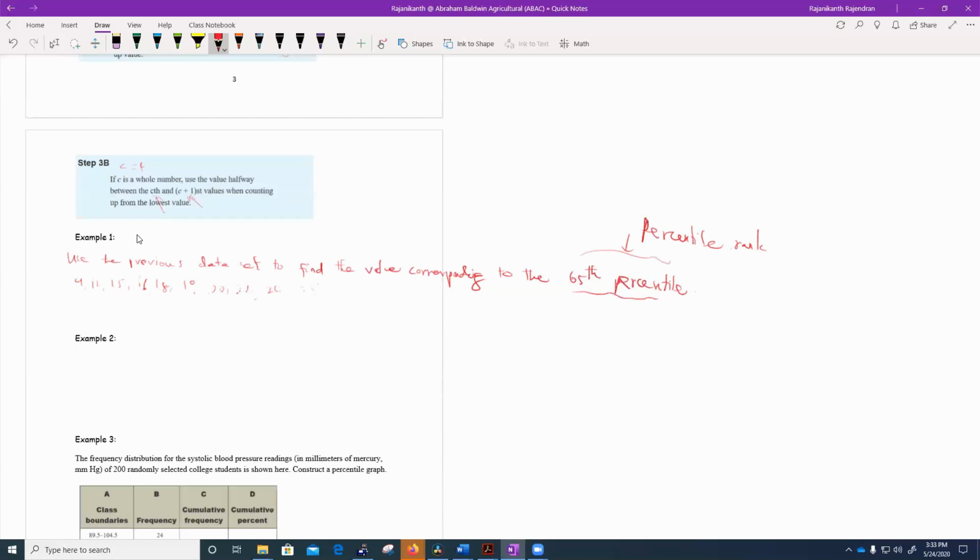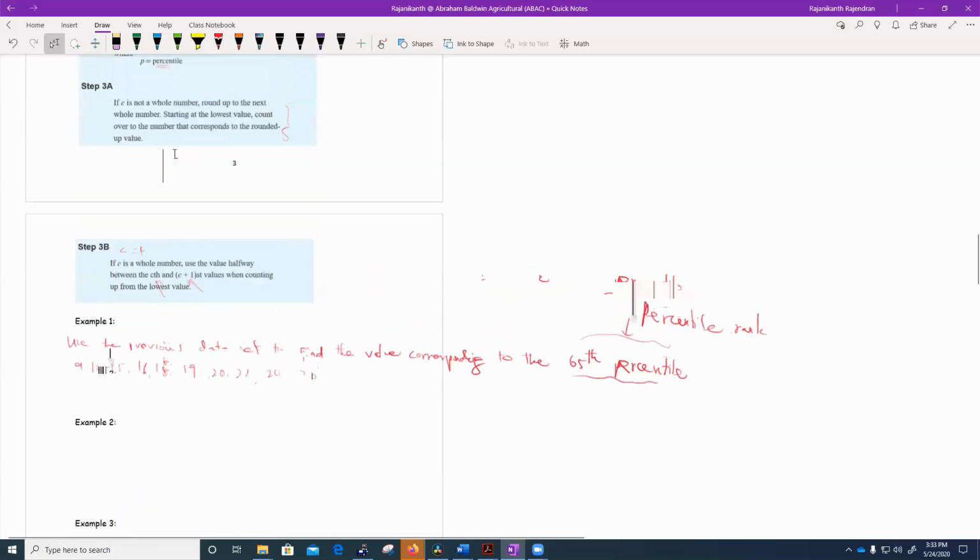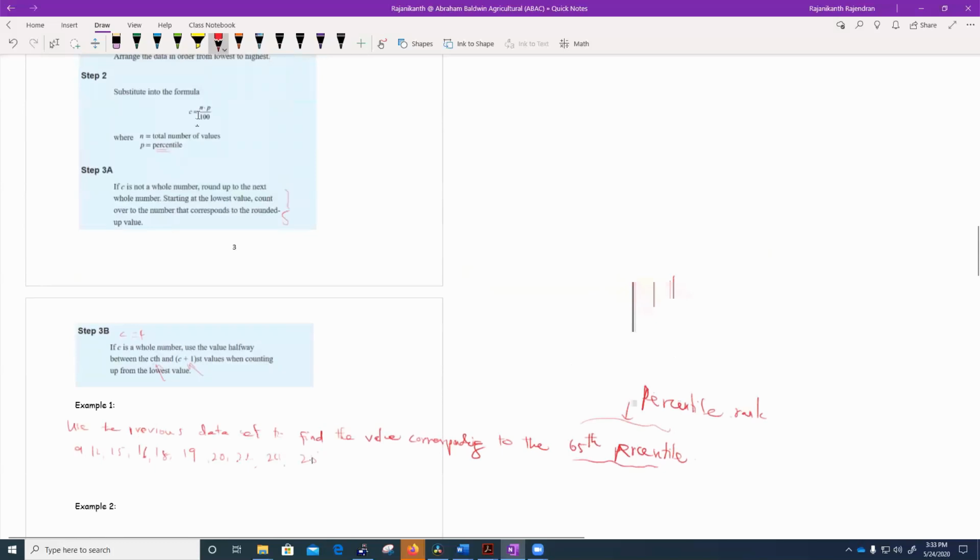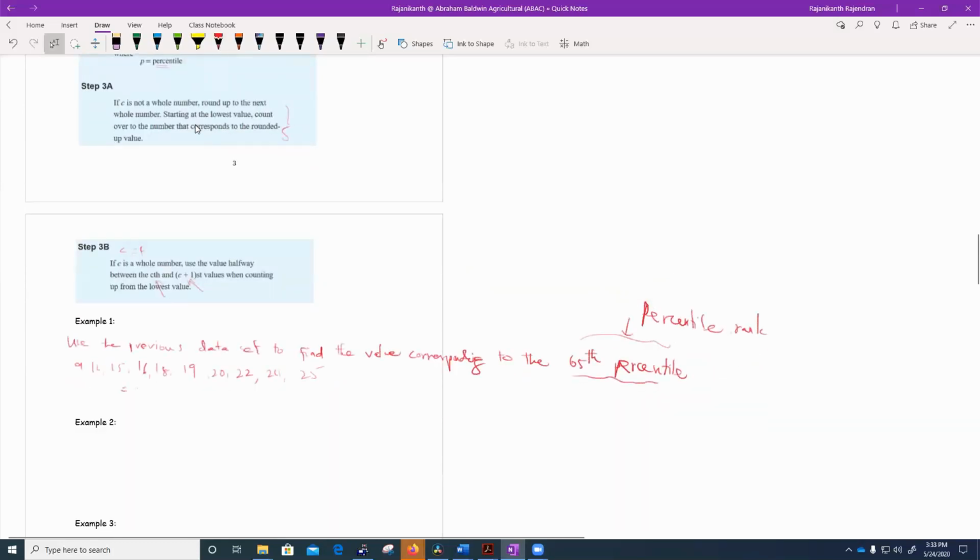I have rearranged. So what is the next step? The next step is to identify the quantity little c. Little c is given by n times p over 100. n is the number of data values for the problem. I have 10 data values, so little n is 10. The given percentile is 65, therefore p is 65.